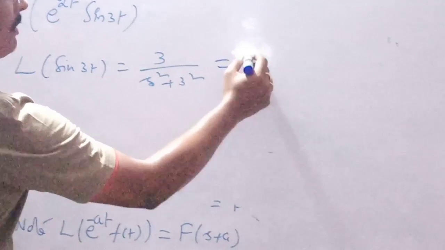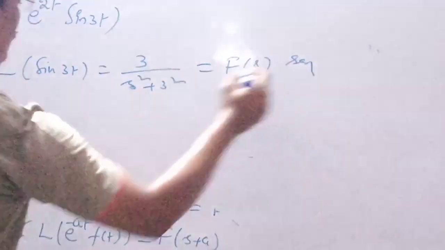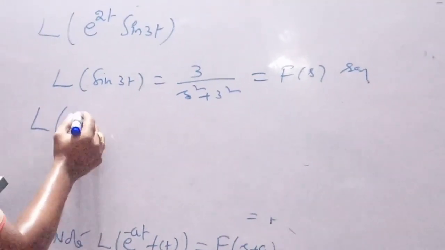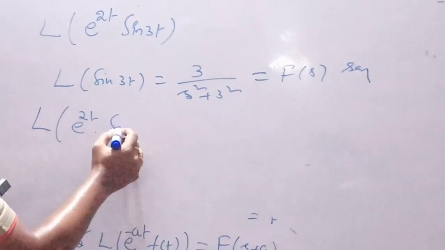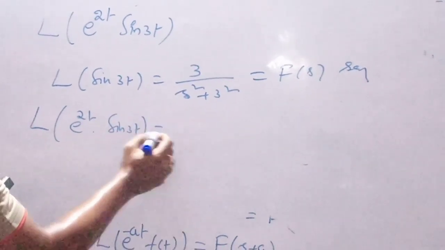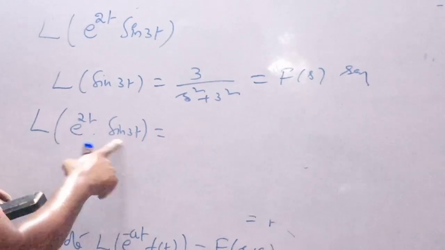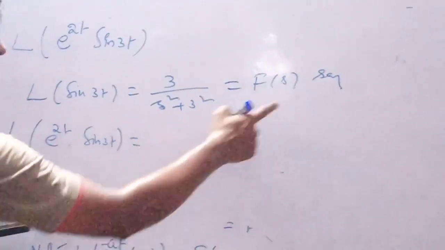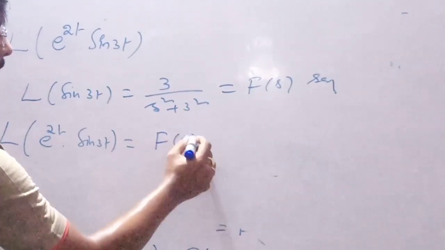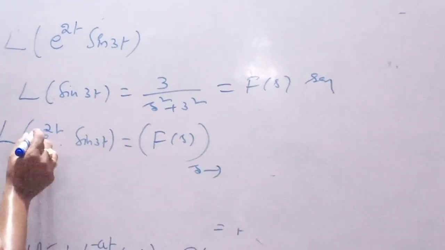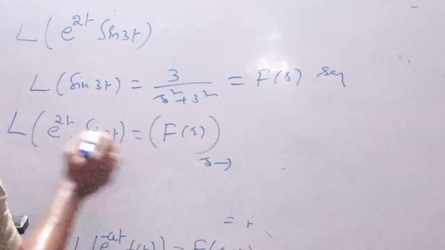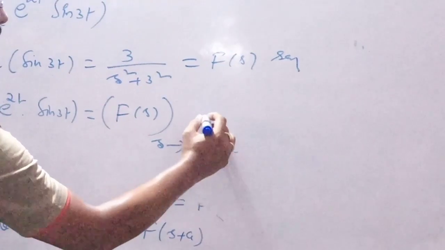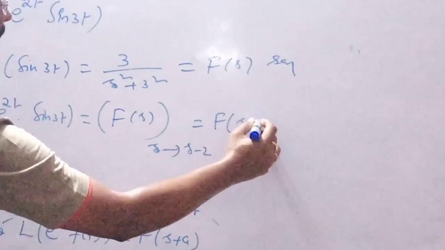This is our F of s. Using the first shifting theorem, for e to the power of 2t, F of s shifts to F of s minus 2.